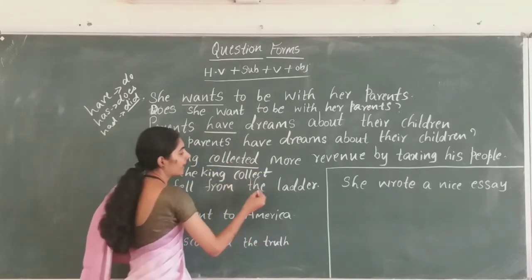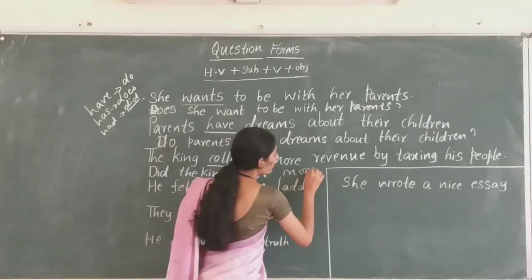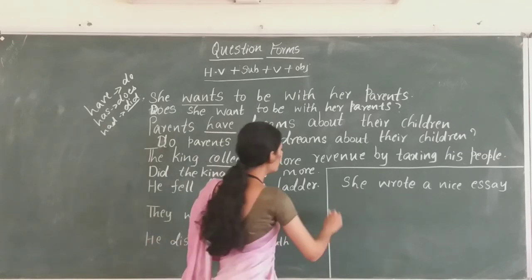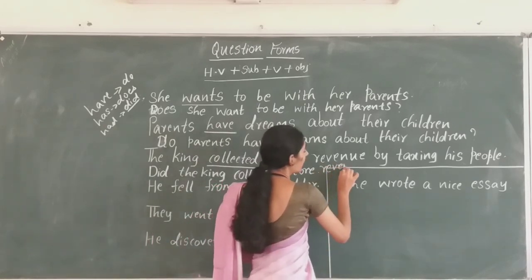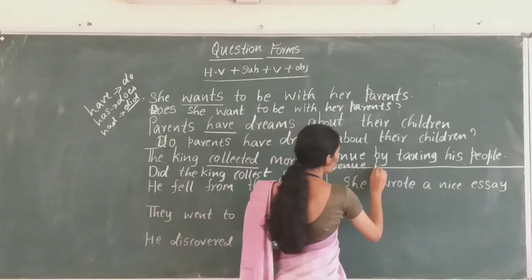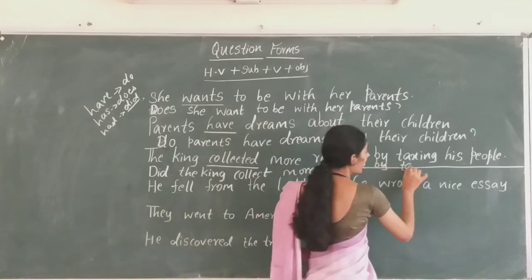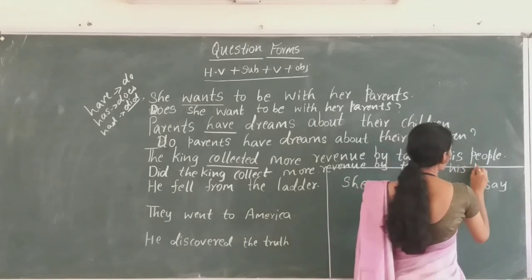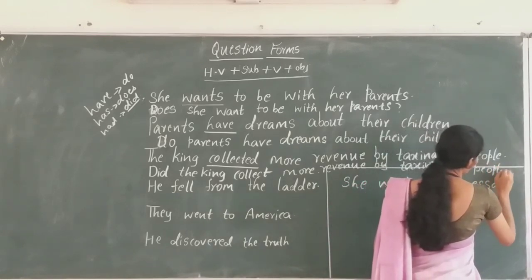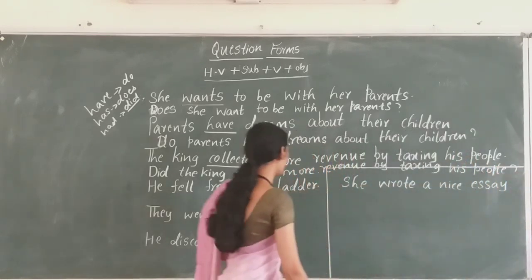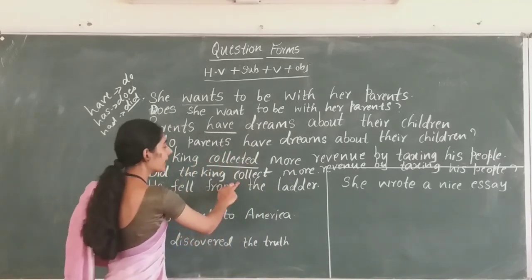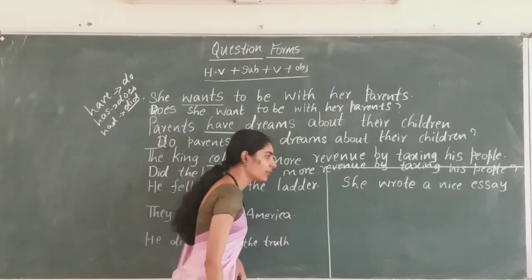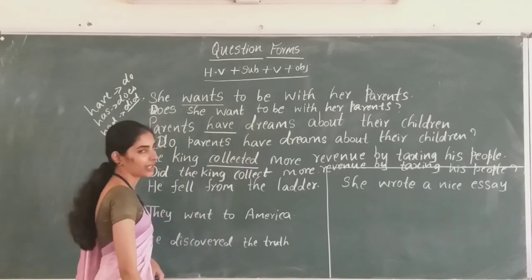Did the king collect more revenue by taxing his people? So did the king collect more revenue by taxing his people?